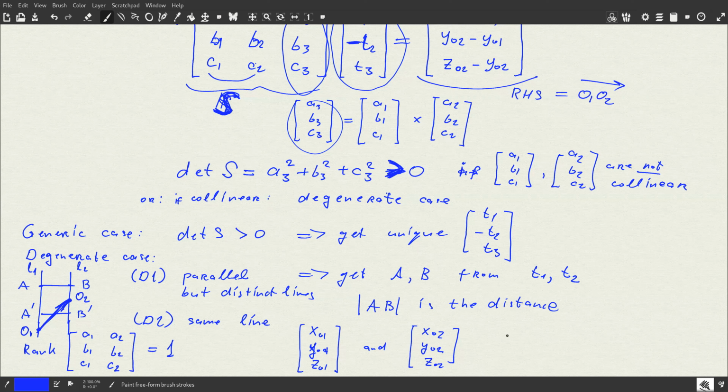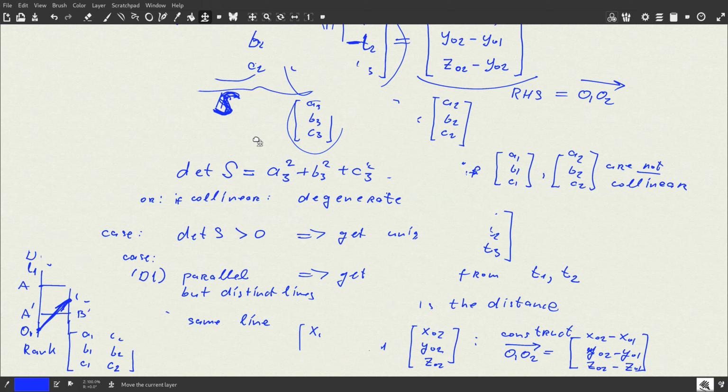So, construct the vector O1O2, which is equal, in coordinates, to x02 minus x01, y02 minus y01, z02 minus z01.